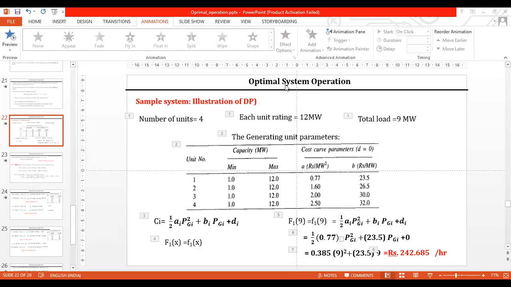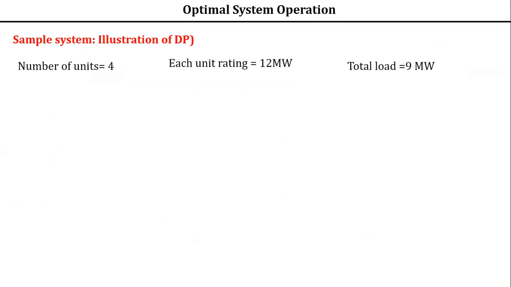I have explained it, but I was in between the dynamic programming illustration. In this illustration of dynamic programming, we have considered 4 units. You know that in the unit commitment problem, we cannot operate all the units at all times because of the varying load and also because of different constraints.